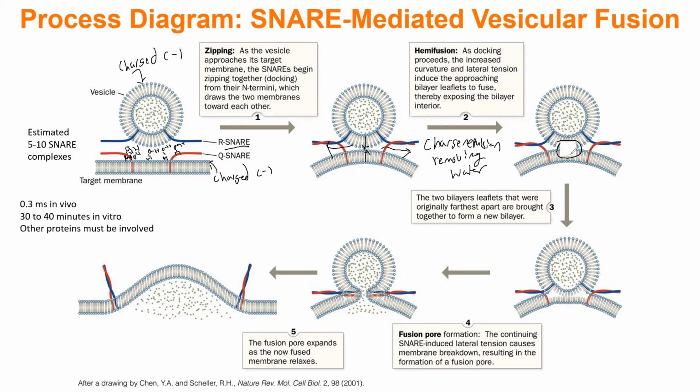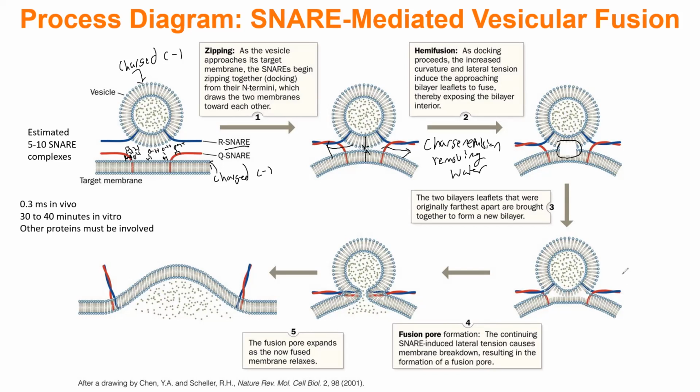This empty square here shows that these lipids are being removed. We have to remove the contact point lipids if we want to fuse these together. Those are removed, and then we can have our fusion happen.